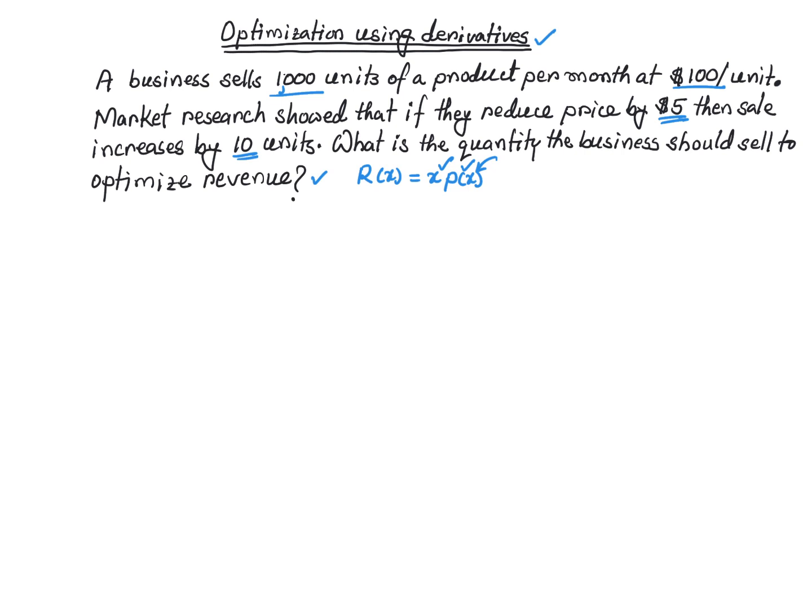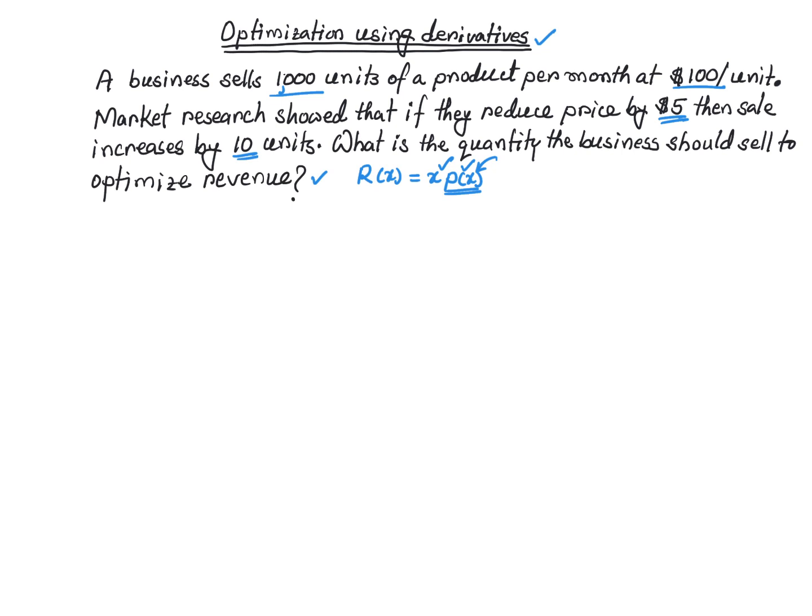If there is an oversupply of something in the market, then the price is going to fall. If there is an undersupply of something, the price is going to increase. Okay, so P of x is the price per unit as a function of the quantity that you sell.